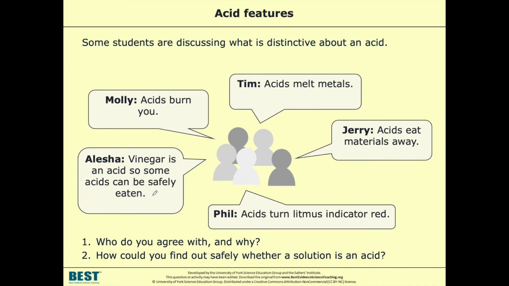So remember, corrosion is a chemical reaction, whereas melting is a physical change. So with melting, you're not actually changing the substance, whereas with corrosion, we are reacting the acid with the metal, and so we do get different substances. So acids do not melt metals, they react with them, they corrode them.